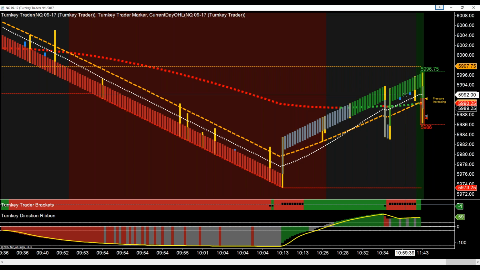Oftentimes we'll see the retracement come back and just hit the entry price. So having a break even at -2 can work a bit better for giving us better odds to hit that 20 tick profit target or to continue trailing with the runner. So something to keep in mind as you get more familiar.